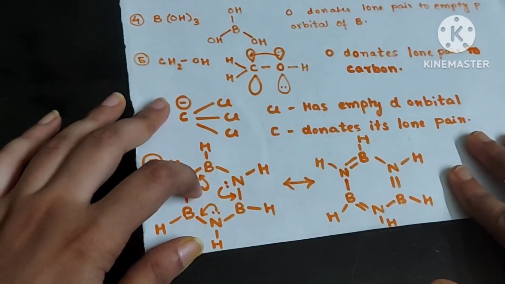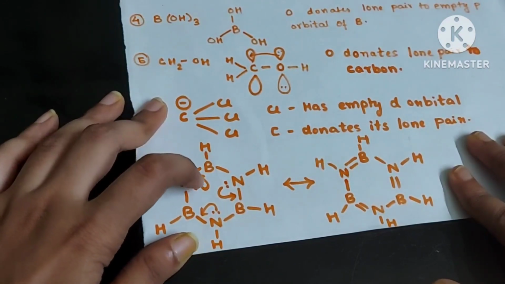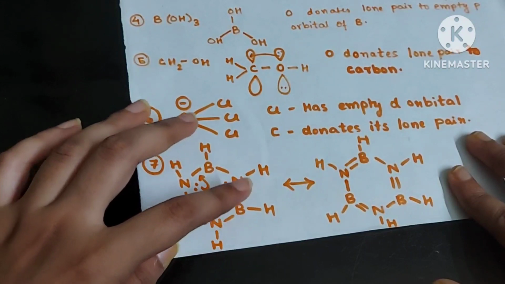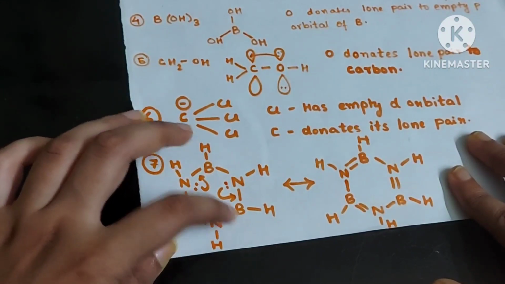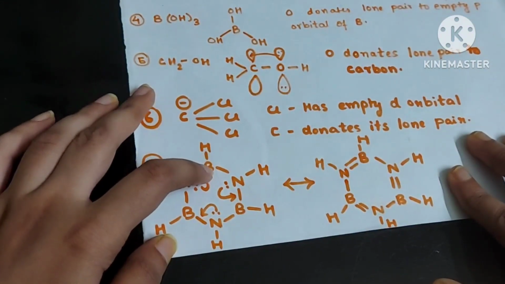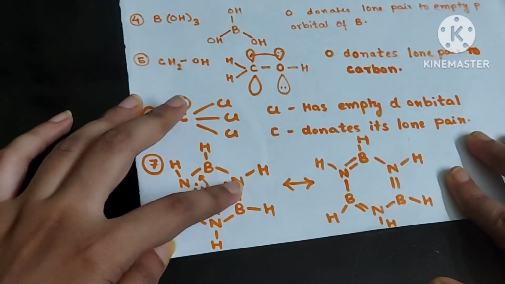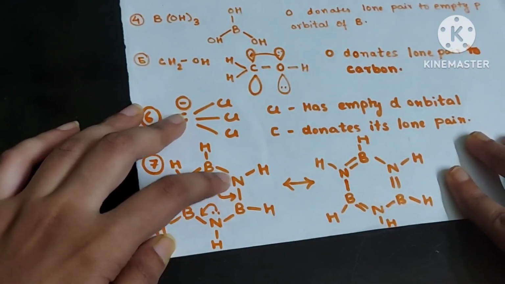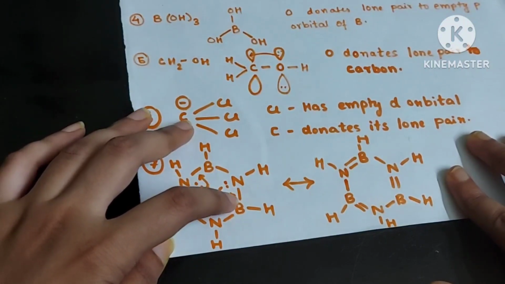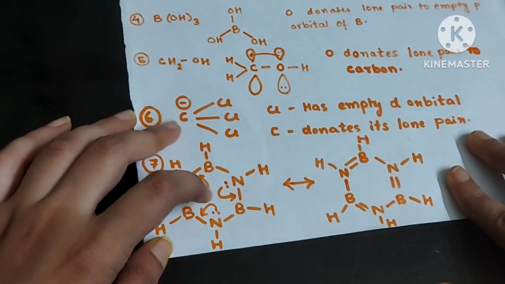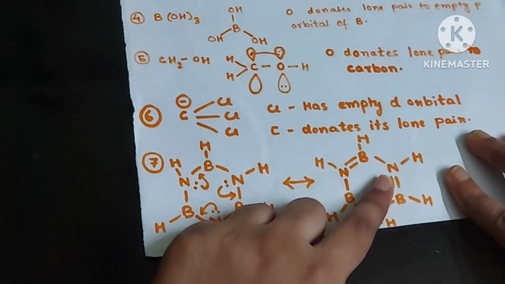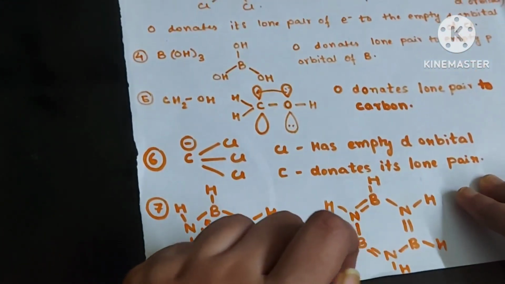It is known as inorganic benzene, and here 3 nitrogen and 3 boron are there. Boron is having an empty p orbital, as we studied earlier, and nitrogen is having a lone pair as in ammonia. So it will donate its lone pair into the empty orbital of boron, and pi bonds will be formed. So these were the examples.